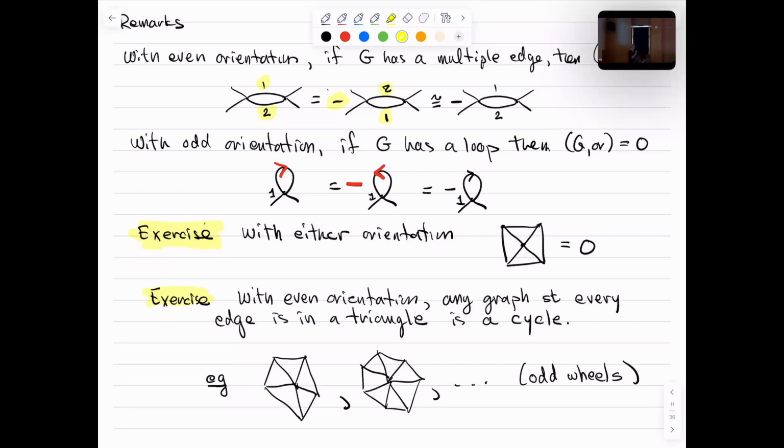In the odd graph complex, you need a graph automorphism that changes the orientation to its negative.